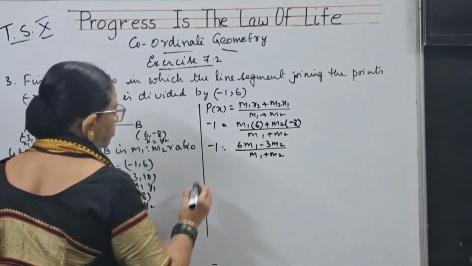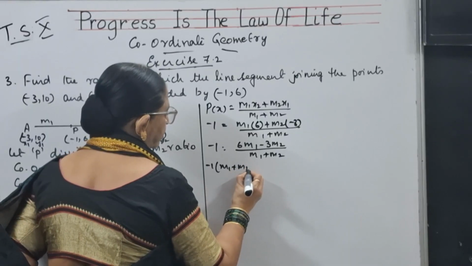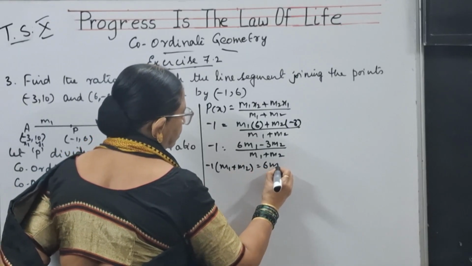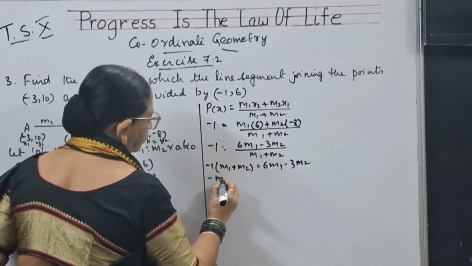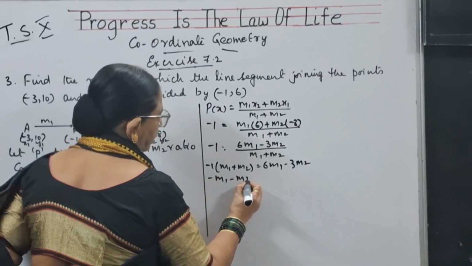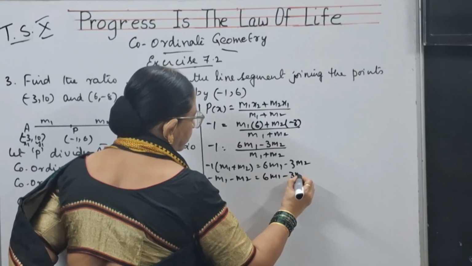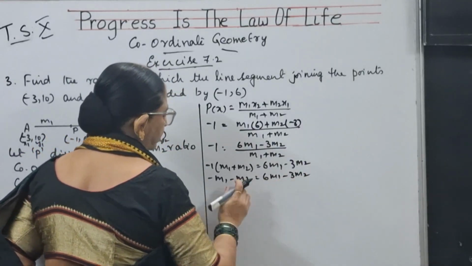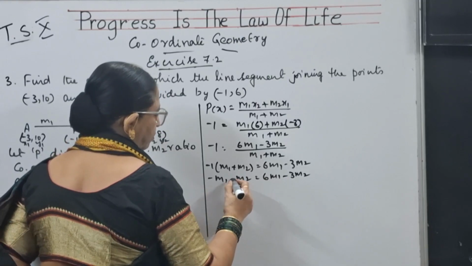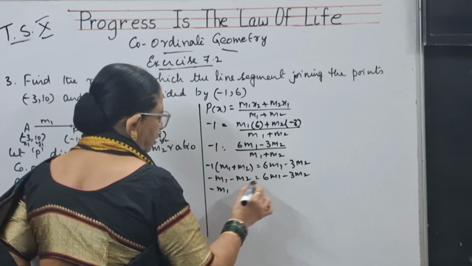So let us see cross multiplication. Minus 1 into m1 plus m2 is equal to 6m1 minus 3m2. That is minus m1 minus m2 is equal to 6m1 minus 3m2. So let me take m2 here, or minus m1 6.